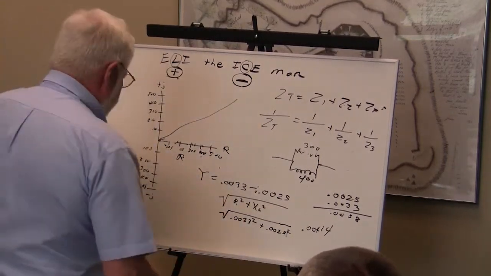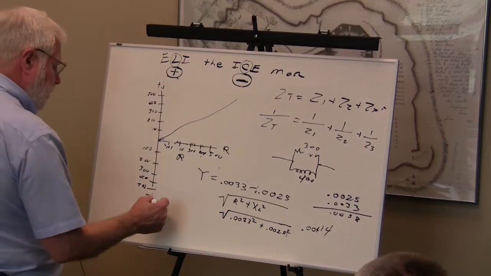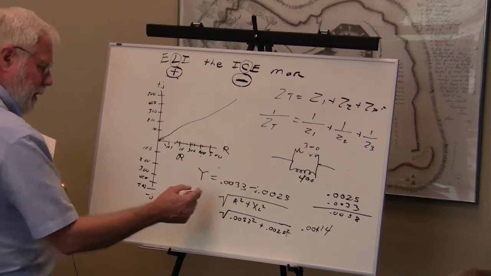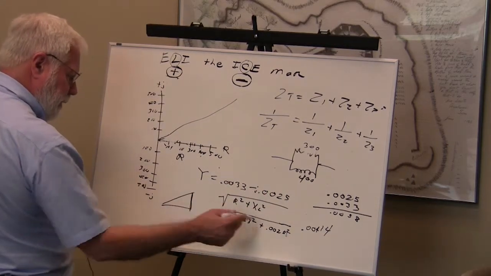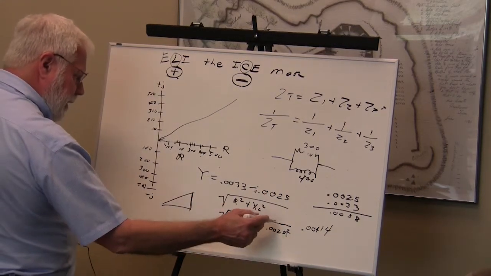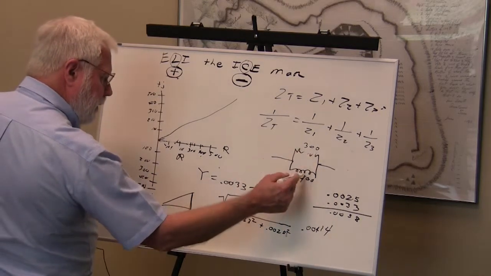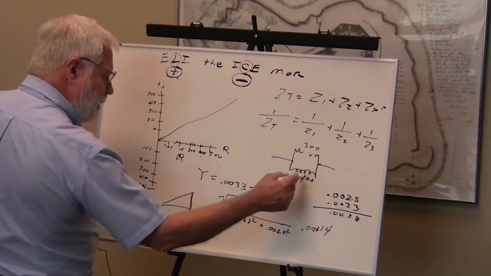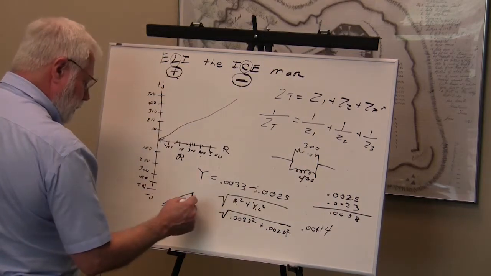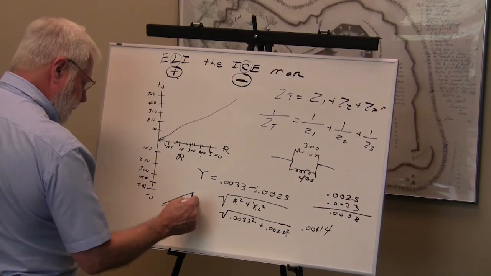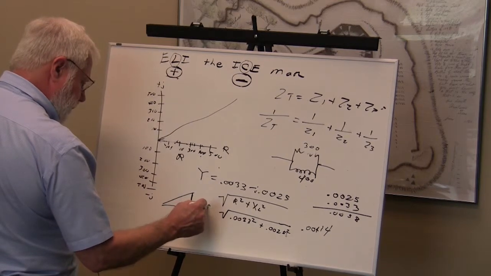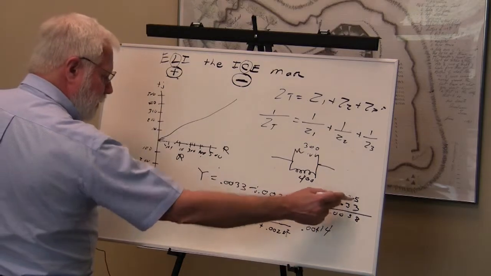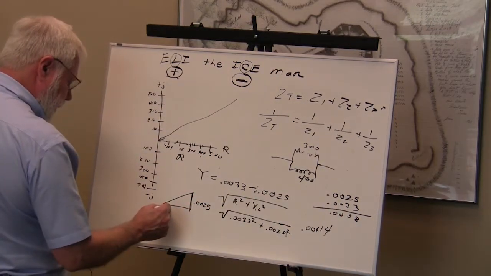So if we go back to the conversion here of our trigonometry, the admittance of the inductor was 0.0025, and the admittance of the resistor was 0.0033.